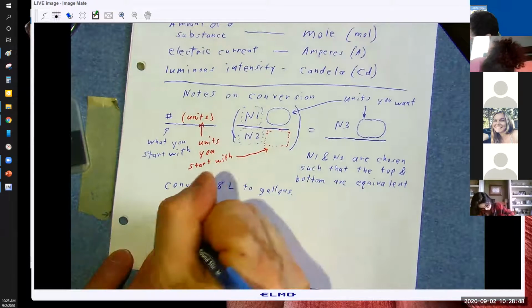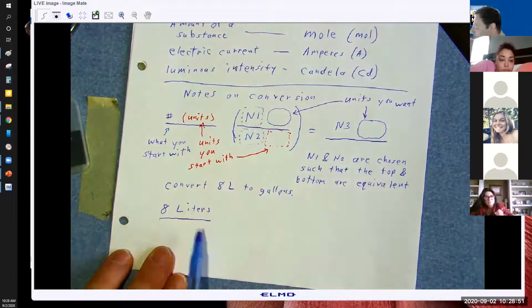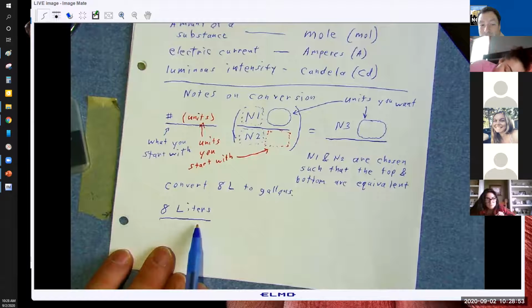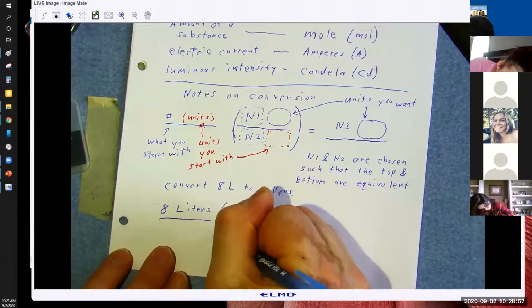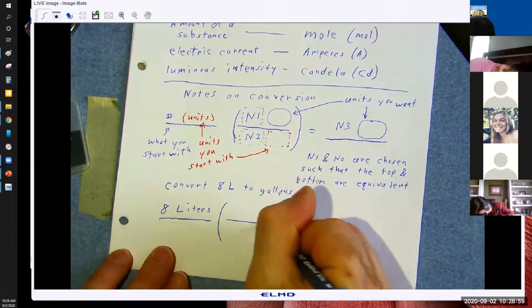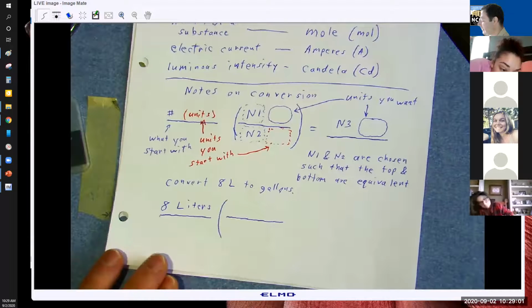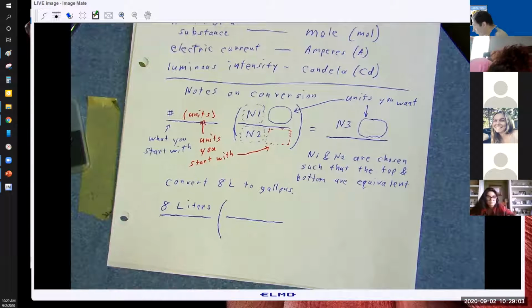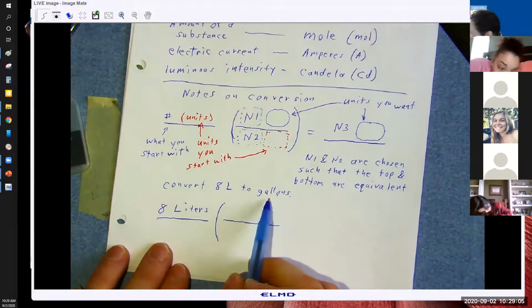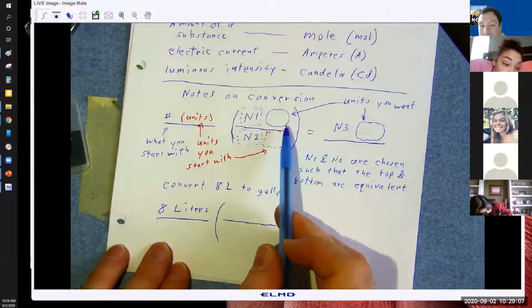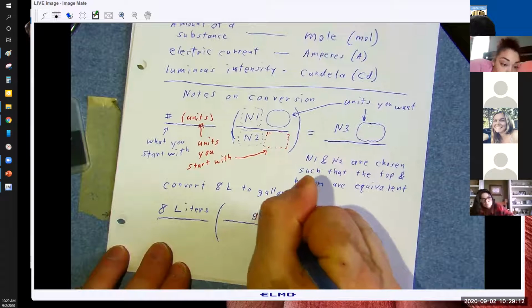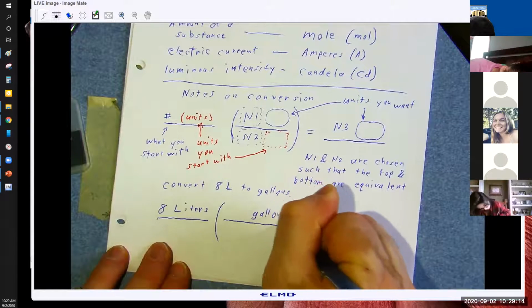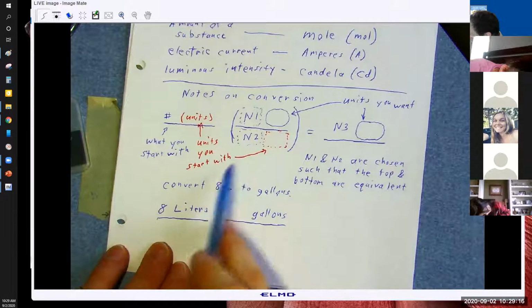This is the number we start with, and this is the units we start with. Now we have to go to some kind of conversion table and find out the equivalent numbers. So we want gallons, right? The units you want go on top. So let me write gallons up here. And the units you start with go on the bottom.